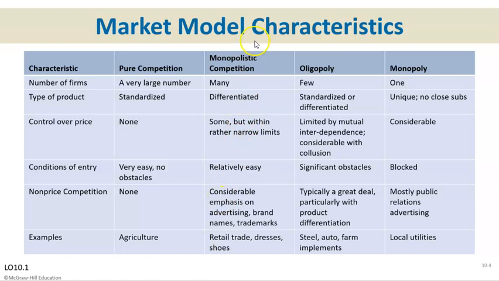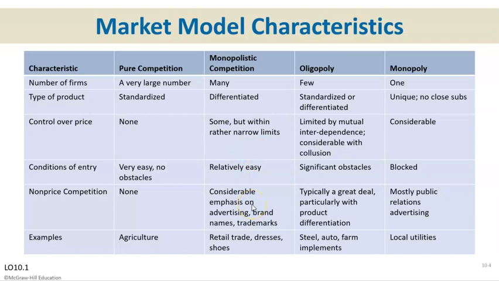For monopolistic competition, we still have very many firms. This time, the product, instead of all being the same, will be a little bit different. Each of the firms will sell a little bit different of the same product. They will have very little control over price, but they are able to change the price a little higher, a little lower, depending on what they need. There's still very easy entry and exit into the market.